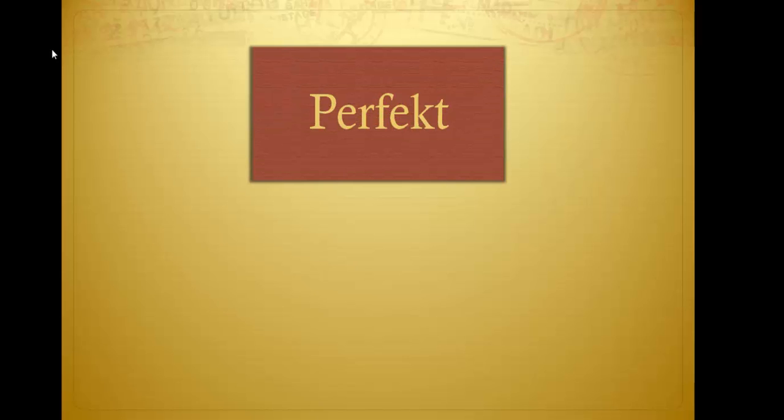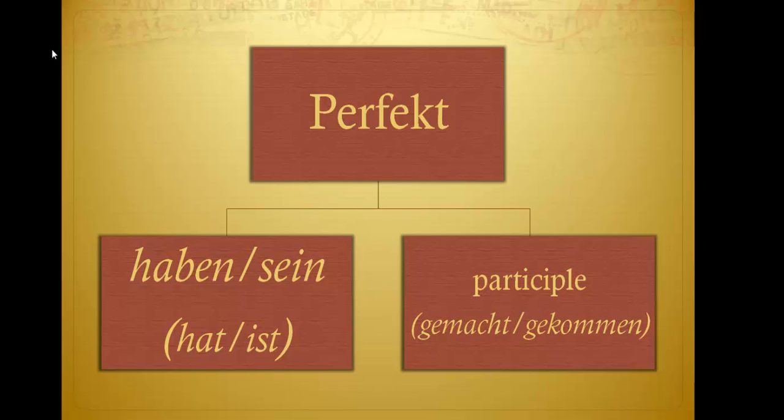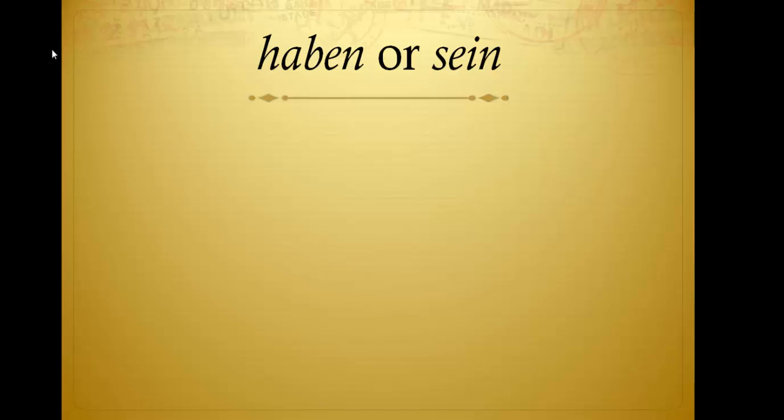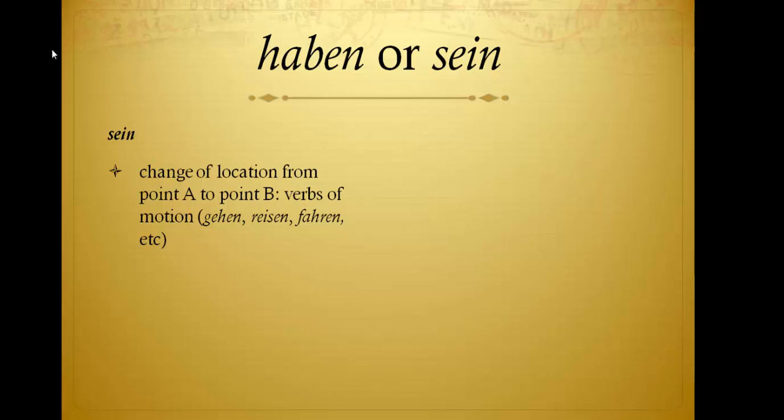Let's have a quick look at how the perfect tense is built. You always need 2 components, the auxiliary verb haben or sein and the participle of the main verb, the so-called G form. Use sein when the main verb expresses change of location from point A to point B. These are usually the verbs of motion, such as gehen, reisen, fahren, and others.